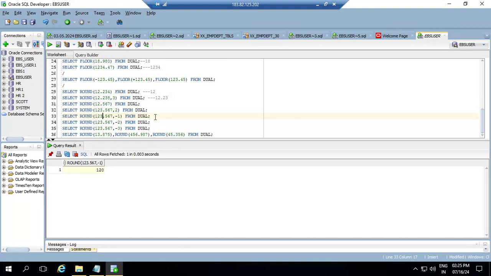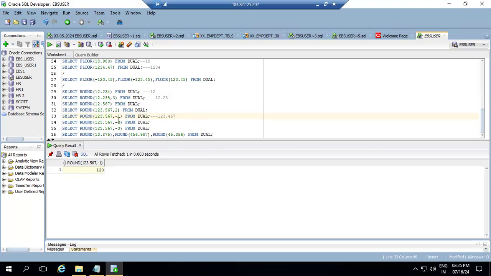So how it is considering here: 123.567, when it is minus 1, it goes to the left side. Left side first digit, when it is less than 5, it becomes 0.